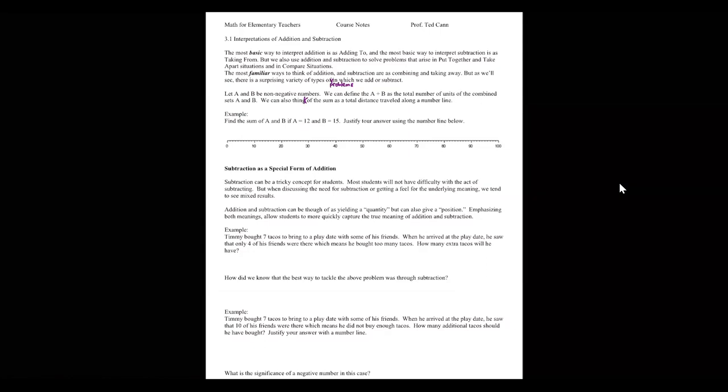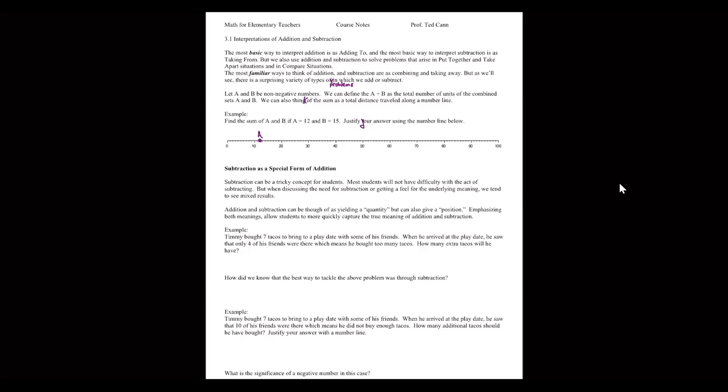What I would first do is plot the location of A. And then from there, I would travel an additional 15 units to get to my total.